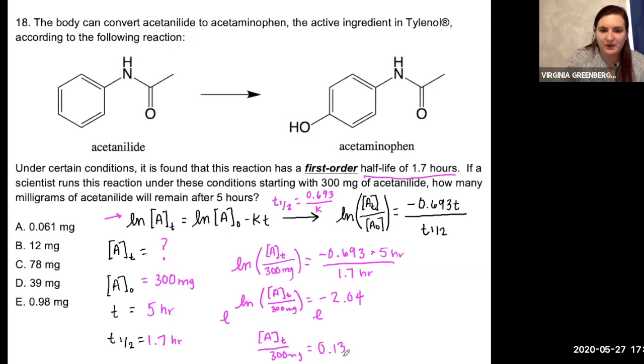And then we'll just multiply by 300 to get our final answer. And we'll see that A_t ends up being about 39 milligrams, which corresponds to answer choice D. Like I said, if you prefer to solve for k and use the original first order integrated rate law equation, that's totally fine too.